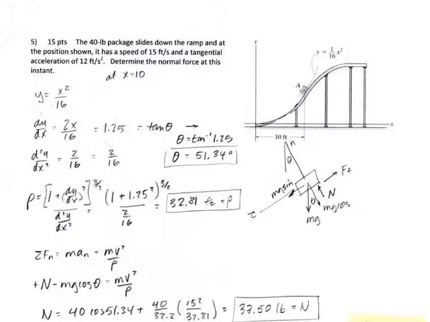Again, the angle that the slope makes with the horizontal is the same angle that the normal axis makes with the vertical. Anyway, find that angle. That's a very important concept. And then you find rho by plugging these numbers in, and you find that rho is 32.